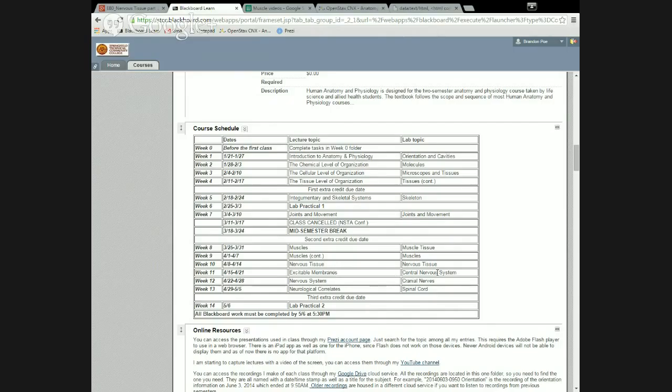The lab material for next week is central nervous system, which is looking at the structure of the brain and the spinal cord and that sort of thing. I don't know if we'll get to that next week or not. It might take all night to get to understand the excitable membrane stuff.